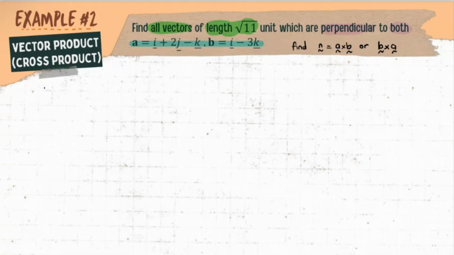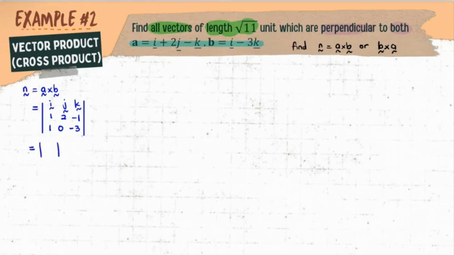Okay, so A cross dengan B ataupun kita panggil dia sebagai N. Okay, normal kita. So saya buat IJK macam tadi. IJK. So A adalah 1, 2, negatif 1. B adalah 1, 0, negatif 3. And then kita akan buat operasi tadi.